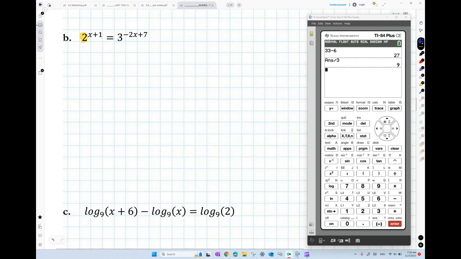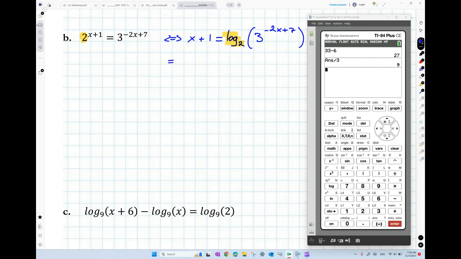So if I cross over one of the bases, x plus 1 drops down, and on the other side I'll have the inverse of base 2, which is log 2 of 3 exponent negative 2x plus 7.